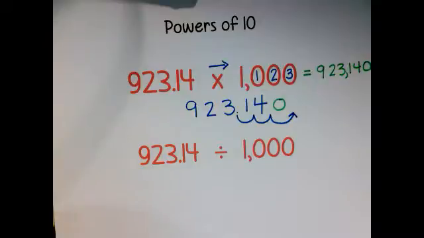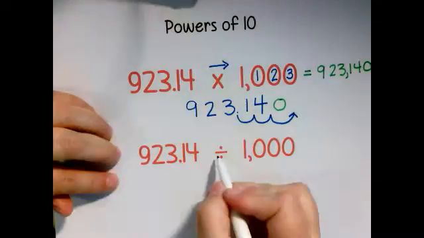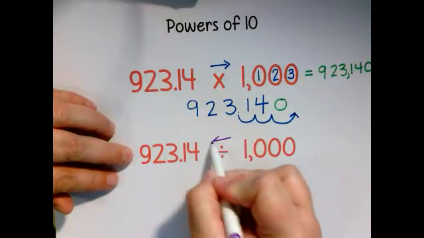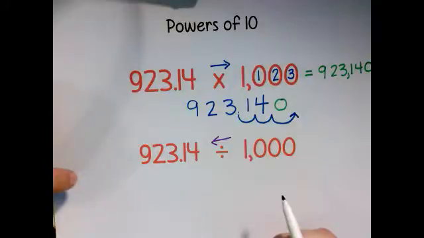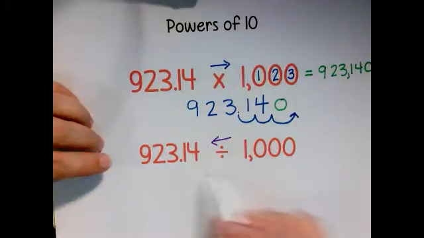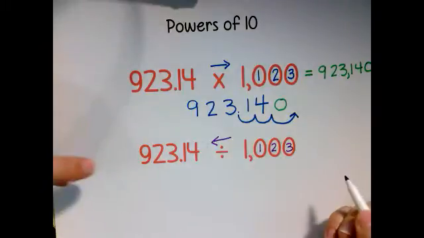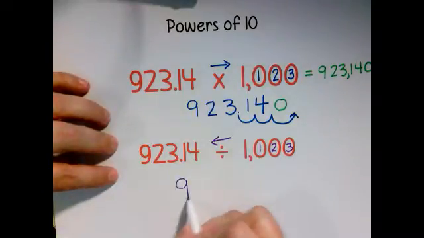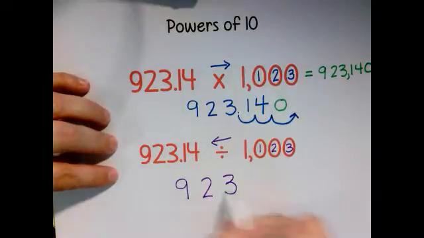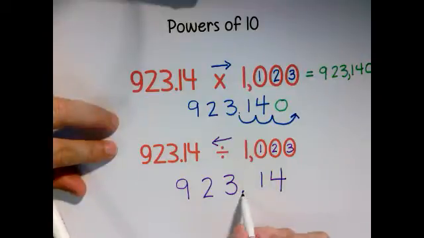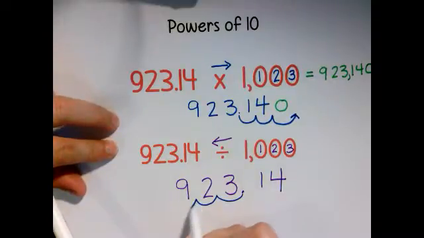So let's look at what happens if we divide. So remember, with division, we're going to move to the left. We're moving that decimal to the left because we're going to make the number smaller. So we're dividing by 1,000 again here. There's 3 zeros, so that tells me I need to move it back 3 places. Let me write it down here again. So when I move this back 3 places to the left, I have 1, 2, 3.